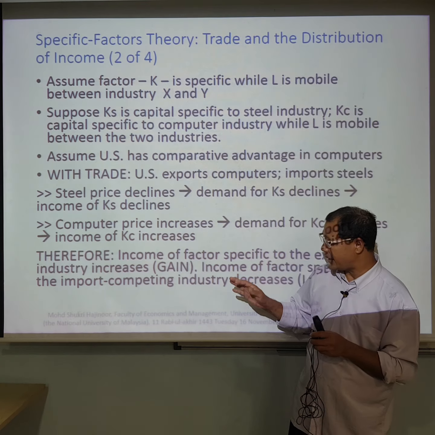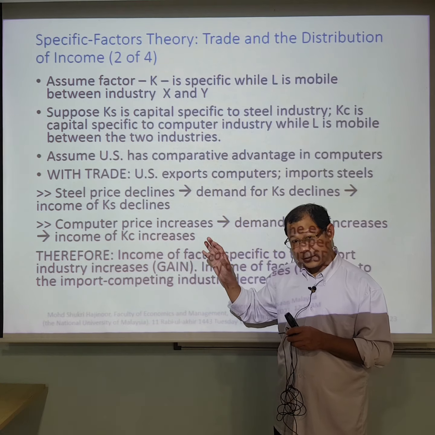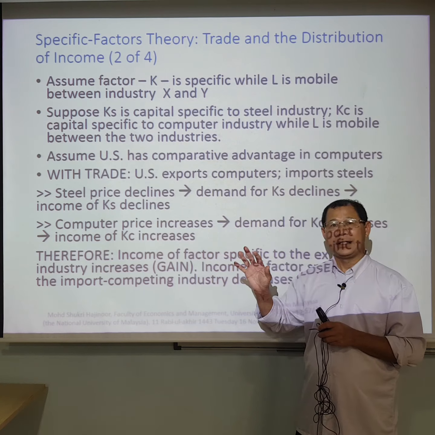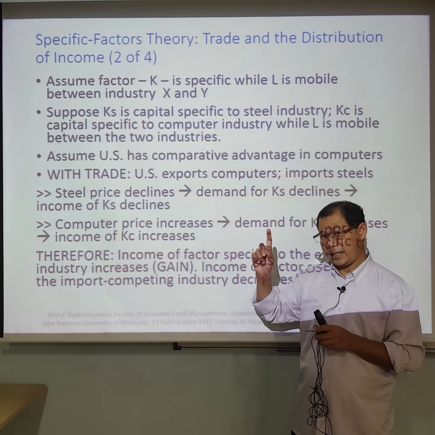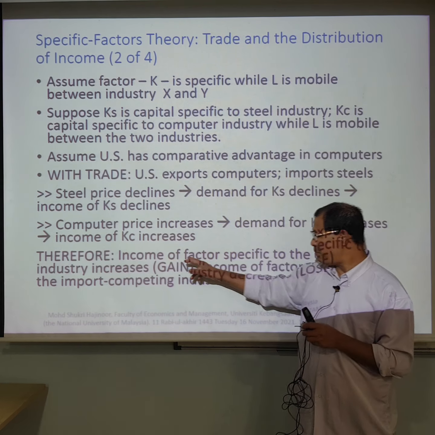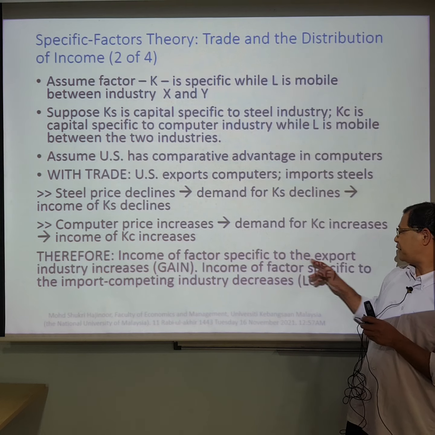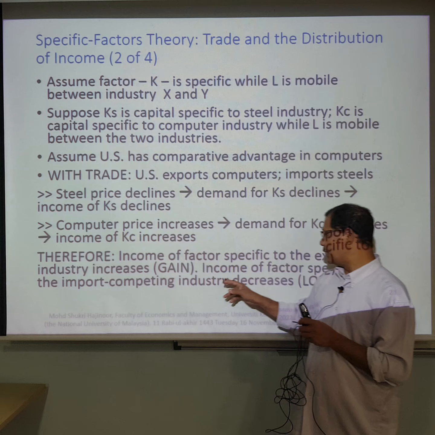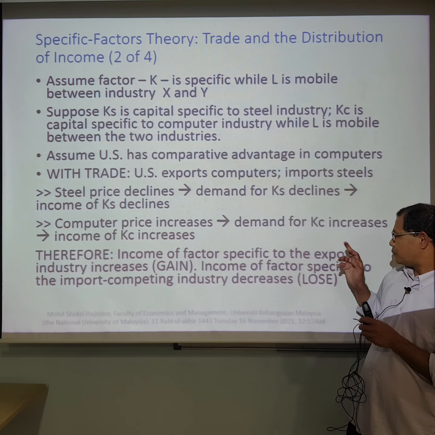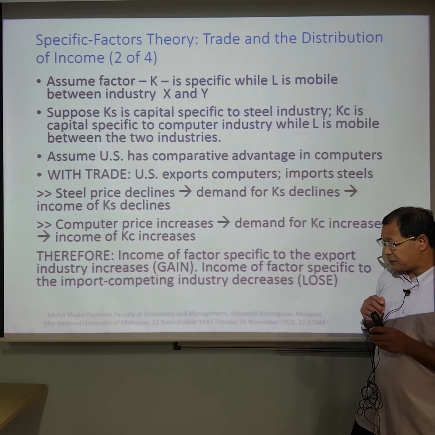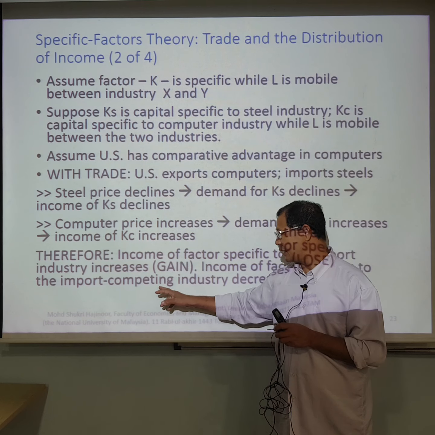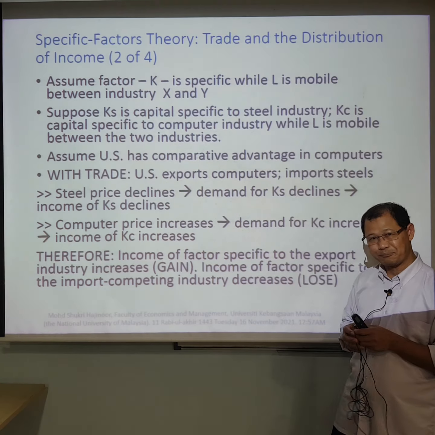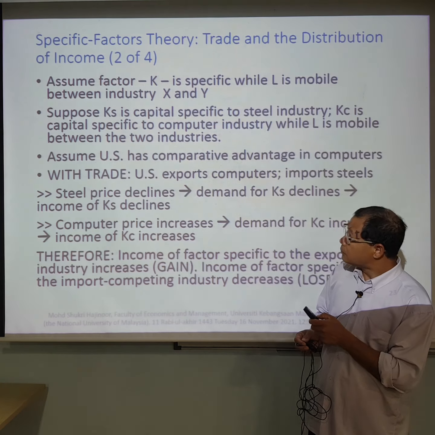So we've seen here, as far as the impact on the specific factor K, the income of factors specific to the export industry increases, or they gain. The income of factors specific to the import-competing industry, on the other hand, decreases, or they lose.